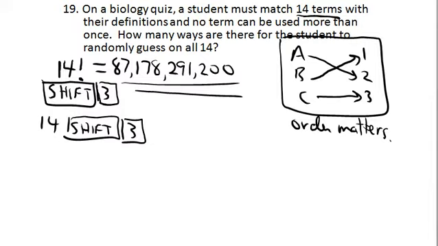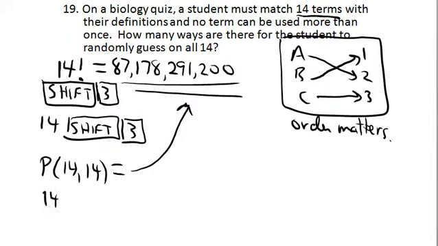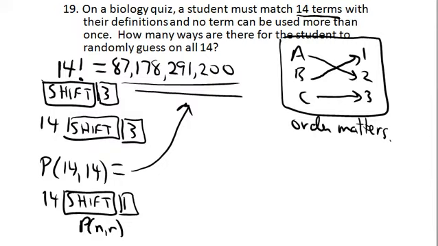If you didn't think about doing it as a factorial, you said, well, it's a permutation, you're taking 14 terms, 14 at a time, you would get exactly the same answer. The permutation is shift 1, so you do 14, shift 1 for the permutation, and then you'd put 14 in and hit equal, and you get exactly that same number.